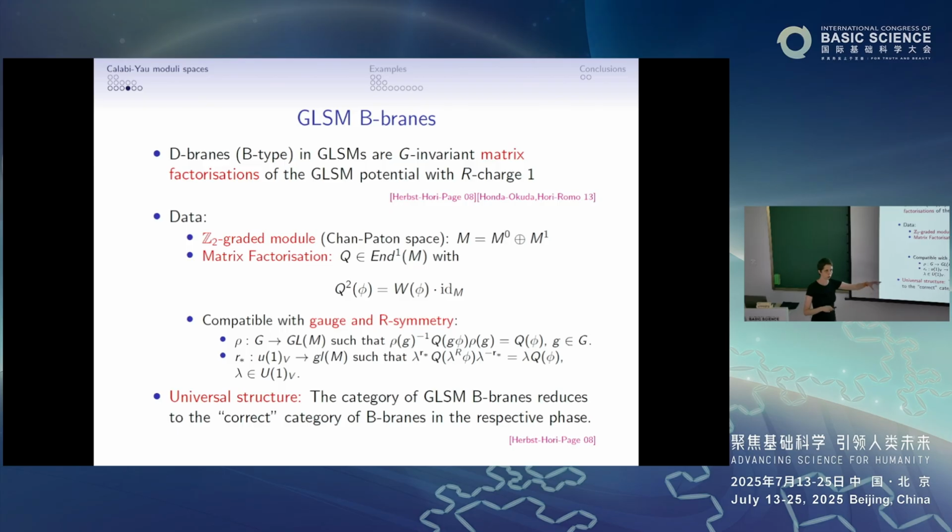And then when we go to a phase that should be a geometric phase, then this will reduce to objects in the derived category of coherent sheaves associated to the phase. So this is one notion of this universal structure, and that matrix factorization is sort of the right thing to do globally on the moduli space.